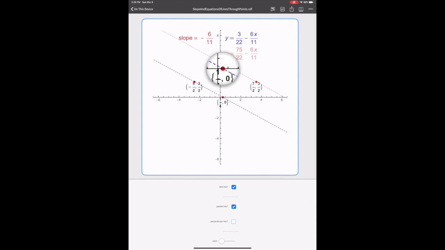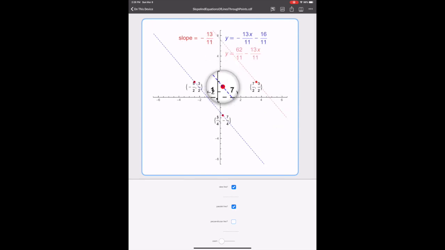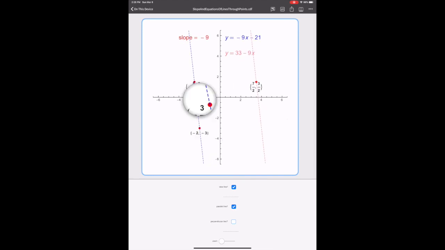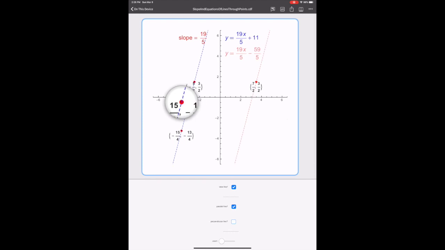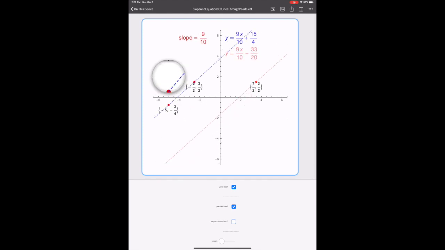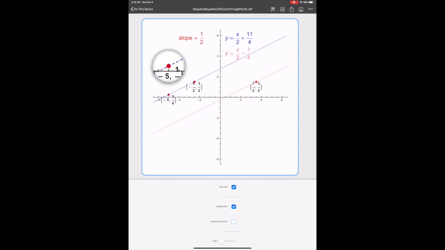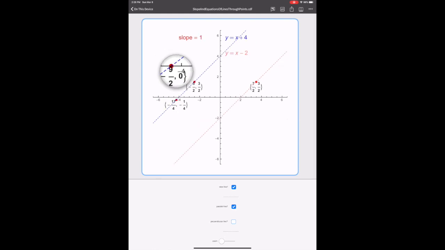I can take these lines and I can move them all around. What I want you guys to see is that no matter where I move it, the numbers in front of x are staying the same. So if the lines are going to be parallel, they have to have the same slope.